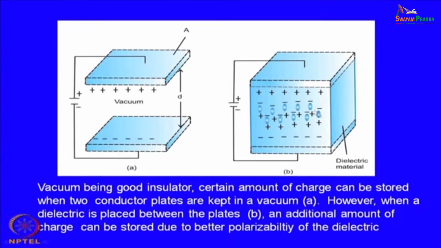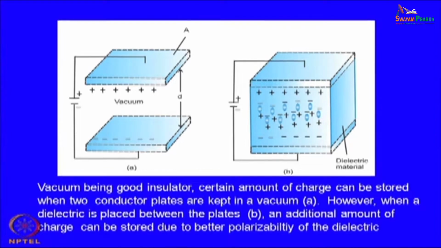However, on the right you have a material, a solid, which is basically an insulator. If it is a conductor, then charge will flow from one electrode to the other. So, a conductor obviously cannot be used for charge accumulation or forming a capacitor. Therefore, we have an insulating material, in other words called a dielectric material.